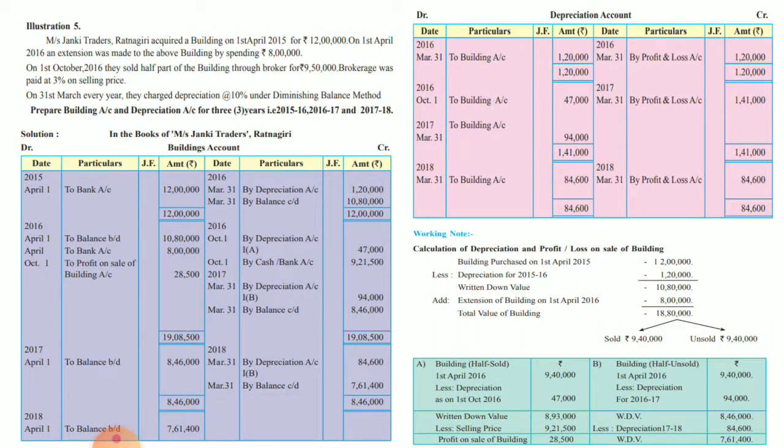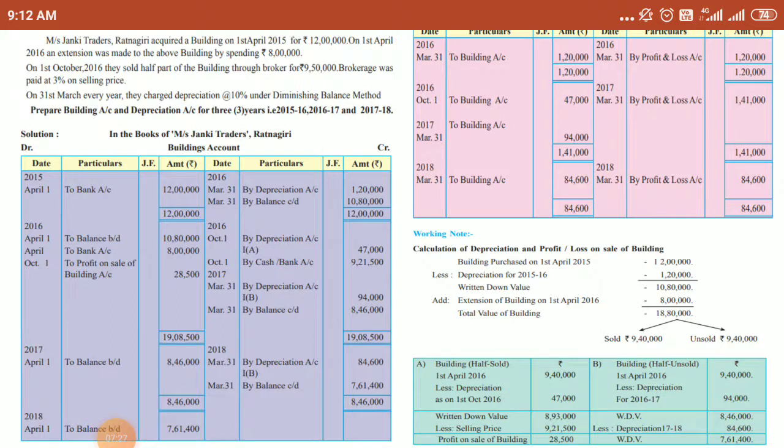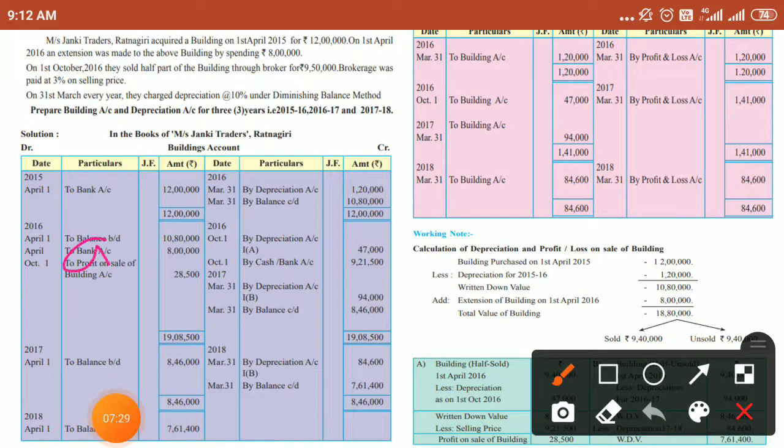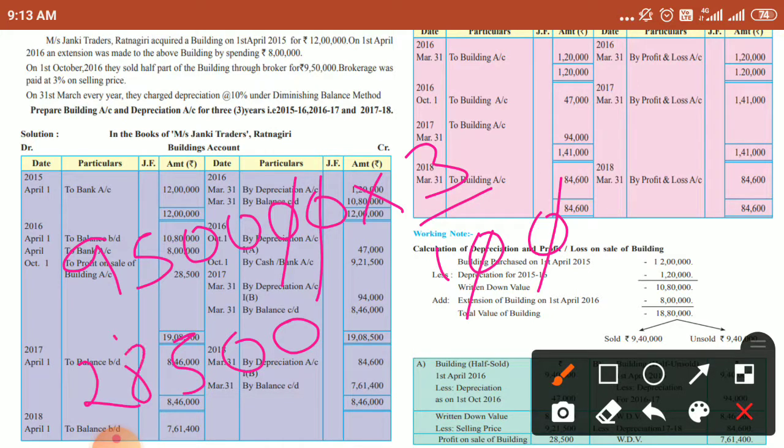So 9,50,000 multiplied by 3 upon 100 gives 28,500, which is the brokerage amount.